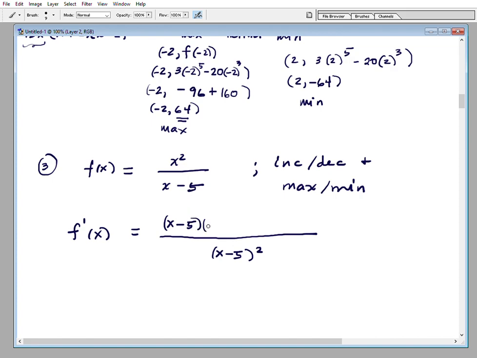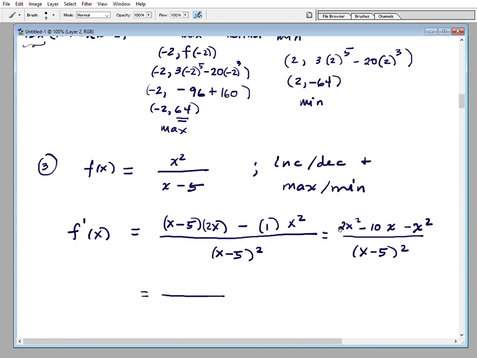Derivative of the numerator is 2x, and then there's a minus sign. Derivative of the denominator is 1, then the numerator is x squared. Let's just simplify this. If I multiply out 2x times x, we have 2x squared, minus 2x times minus 5, minus 10x, minus x squared. Two x squared minus x squared, so we have x squared minus 10x.